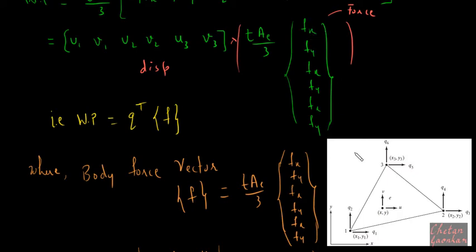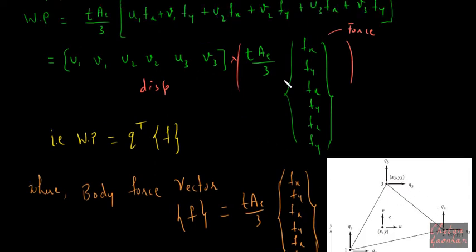The first term is nothing but the fx, this t multiplied by a divided by 3 multiplied by fx at node 1, whereas t multiplied by a multiplied by 3 fy is at node 1 in vertical direction. And similarly, I get the same terms at node 2 and at node 3.